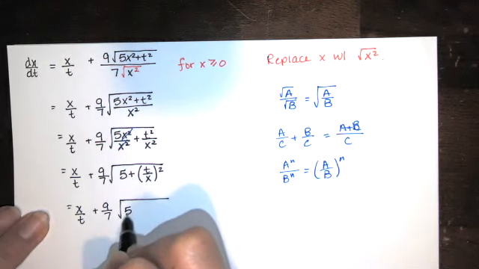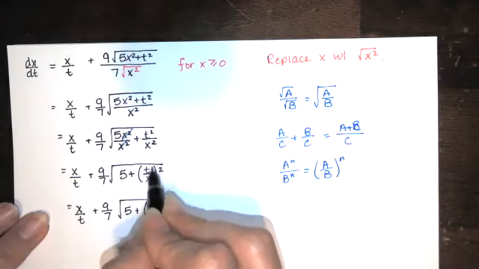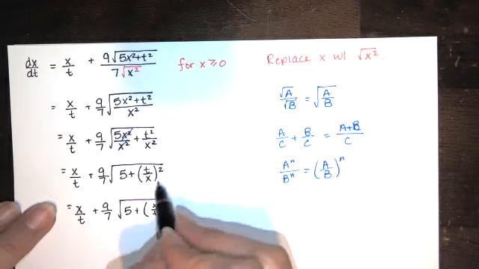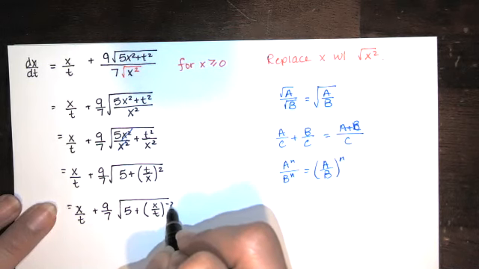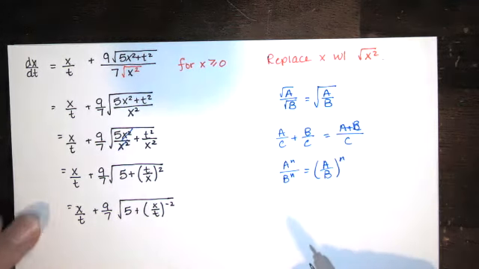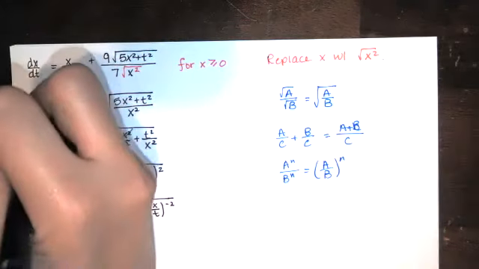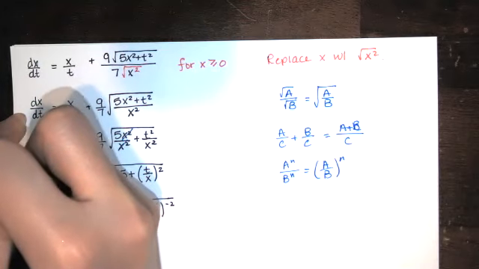I can flip that fraction as long as I say that t over x is actually x over t to the -1. If I take a quantity to the -1 and I square it, I just multiply those exponents and I have that quantity to the -2. So we have written dx dt as a function of x over t.